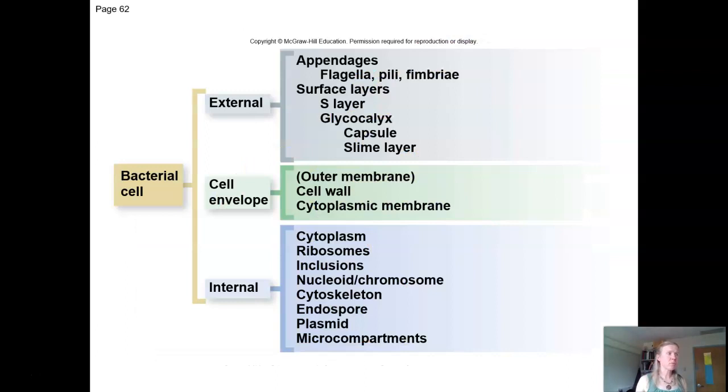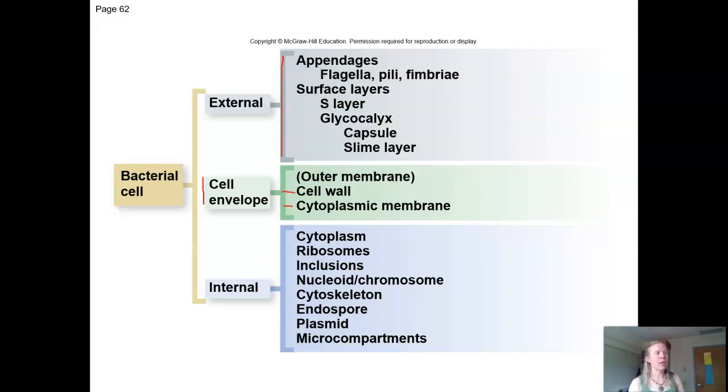Okay. So then that's basically what's going on the outside of the cell, right? The appendages and the different surface layers there. So we're going to move into this region that's called the cell envelope. And basically what we're looking at here are all cells having a cell membrane and a cell wall.